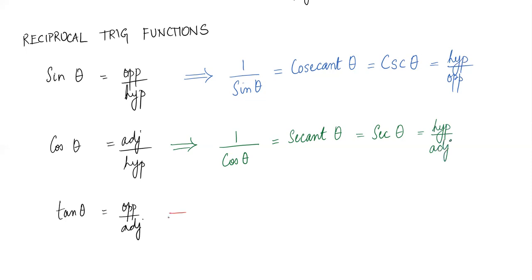And lastly, the reciprocal of tan is 1 over tan theta, and its reciprocal name is cotangent theta. The short form is COT, cotangent, cot theta, which is the flip of opposite over adjacent, making it adjacent over opposite.